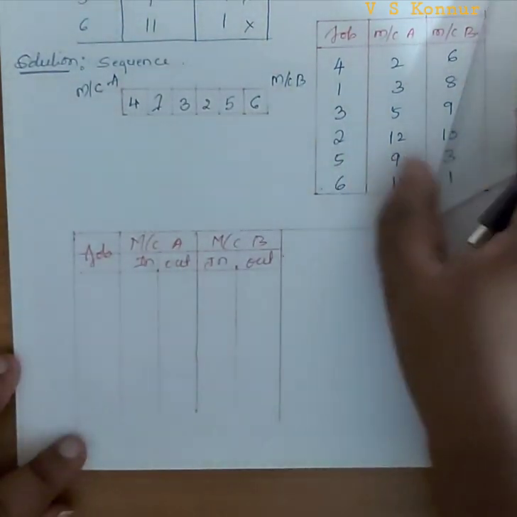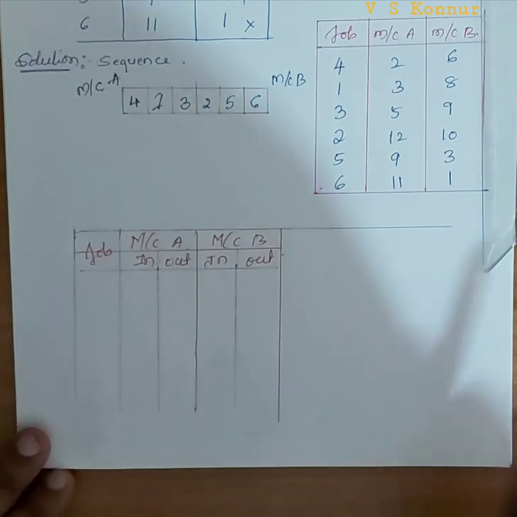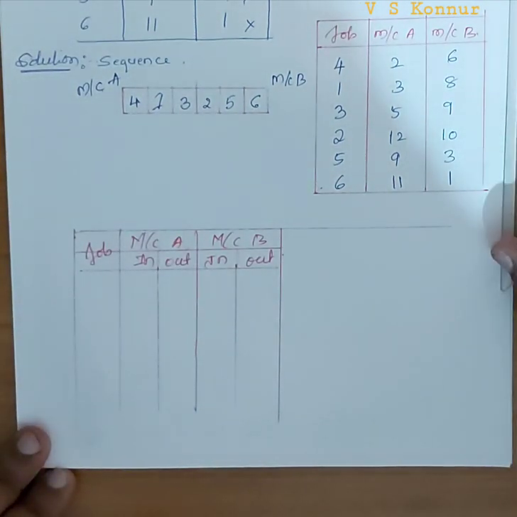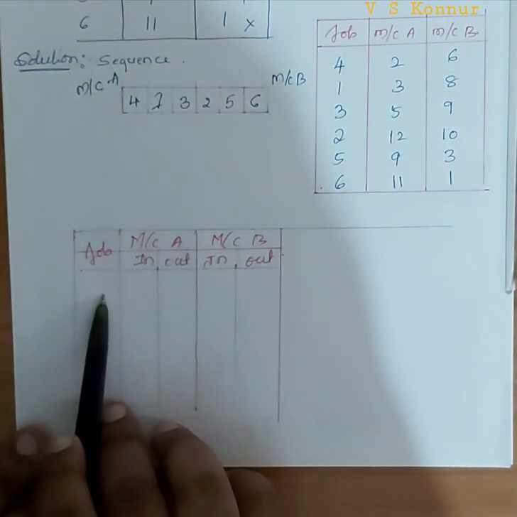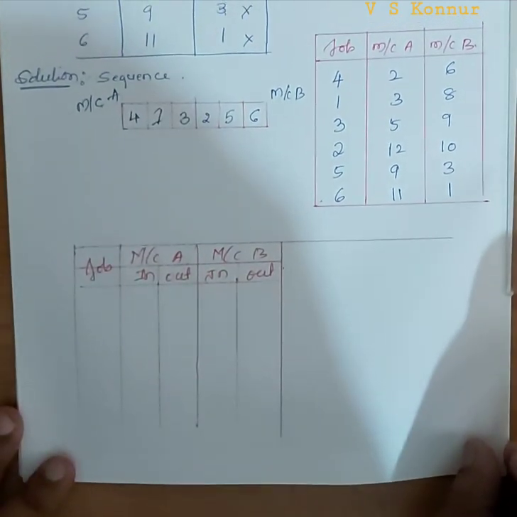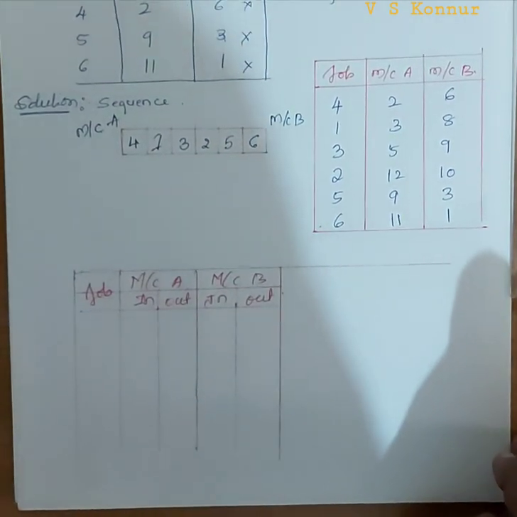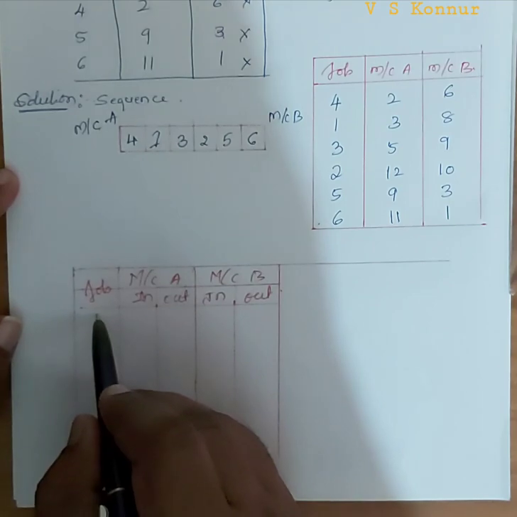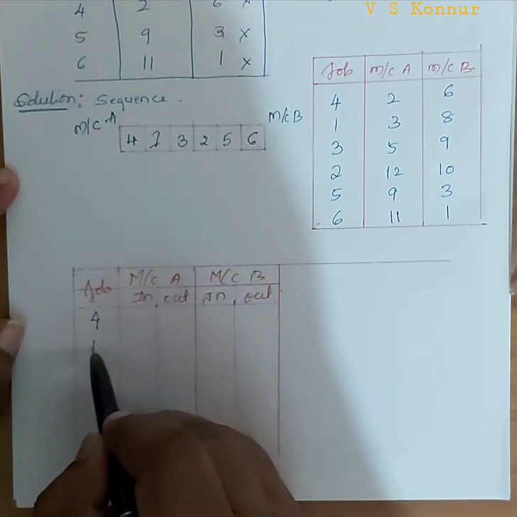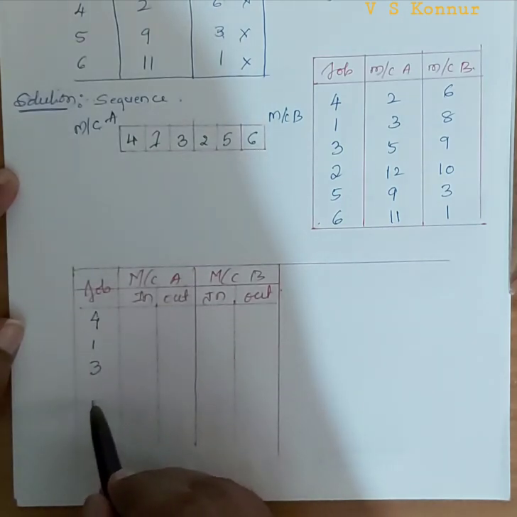Next, move on to the next table. In this table, jobs are there. We'll write the jobs in the same sequence, 4 1 3 2 5 6.